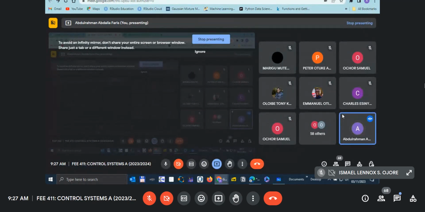Okay. For first order systems, if we go through the notes, this is where we consider between 10% and 90% as rise time. Also, for the overdamped case.